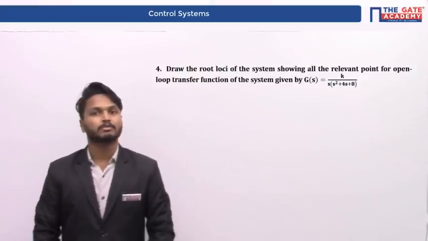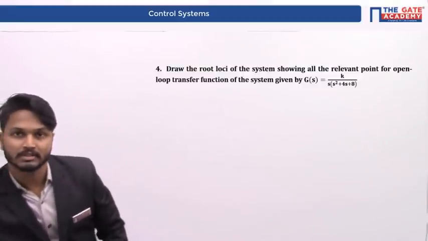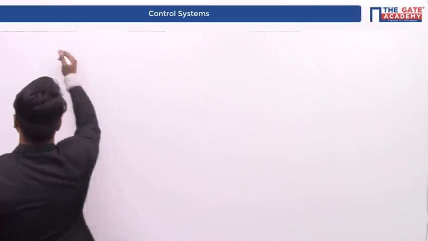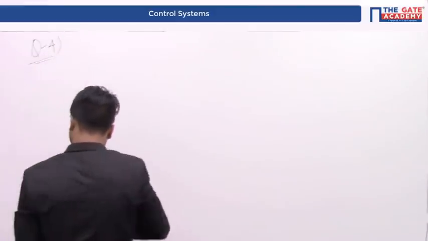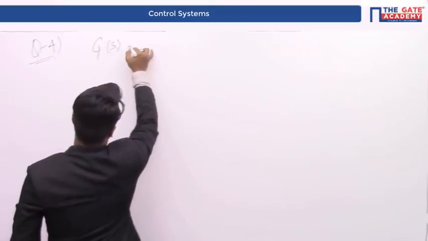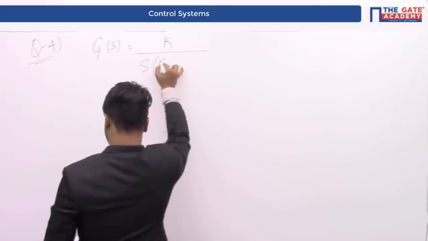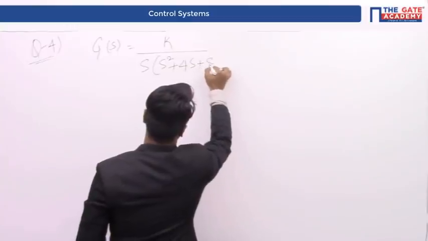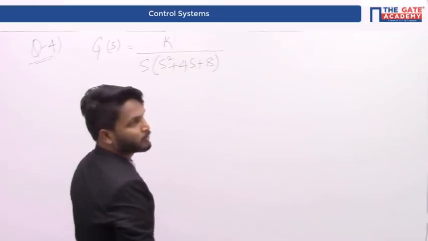So it was asked to construct the root locus, and the open loop transfer function of the system is given as, question number 4, g of s is equal to k by s multiplied by s square plus 4s plus 8. So this is the open loop transfer function.